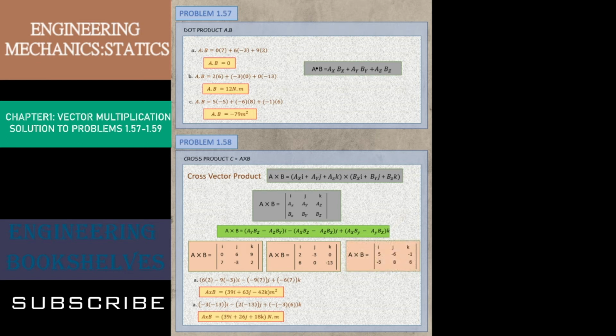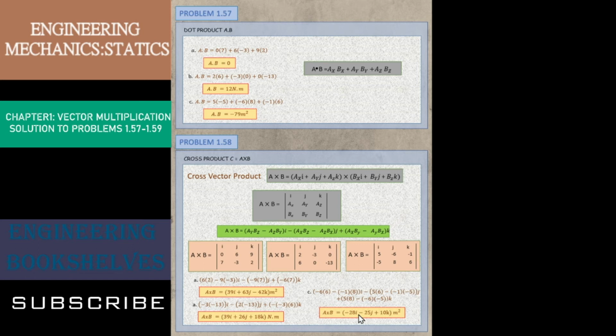And for C, we have 5, negative 6, and negative 1, and negative 5, 8, and 6. For i, negative 6 times 6 minus negative 1 times 8, then minus for j, 5 times 6 minus negative 1 times negative 5, and for k, plus 5 times 8 minus negative 6 times negative 5.